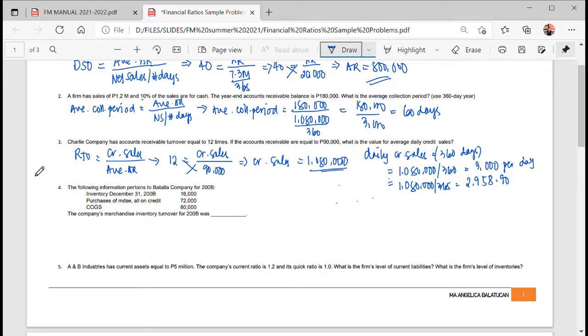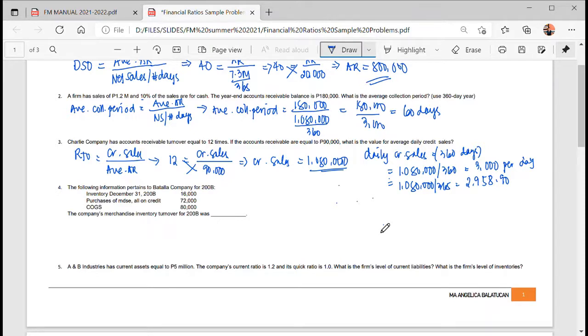Actually, can you compute the average inventory here? Is there a way to compute? Because in accounting or in problems like this, where there's a will, there's a way. If there's a way to extract the amount, therefore you are going to use the amount that you can extract. So how do we get the average inventory?